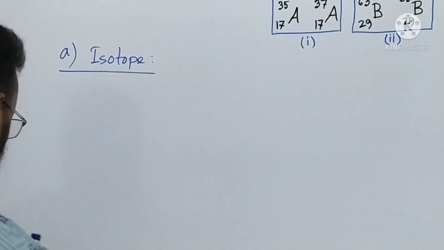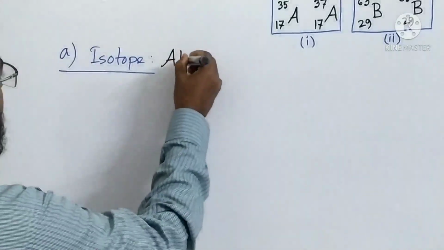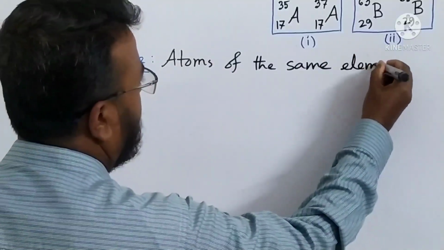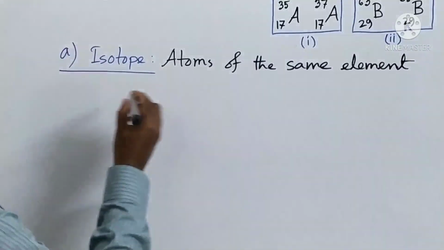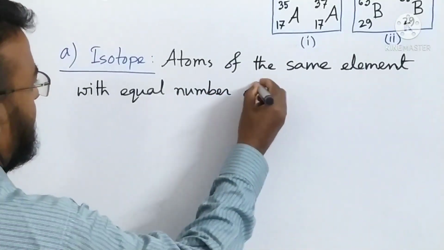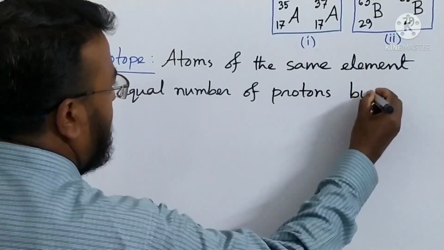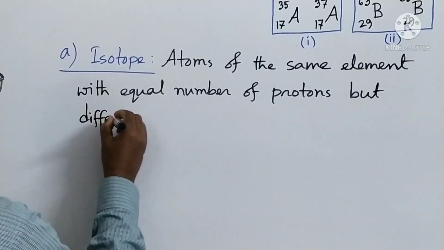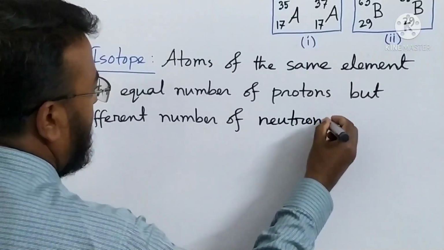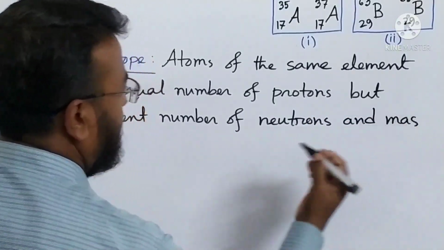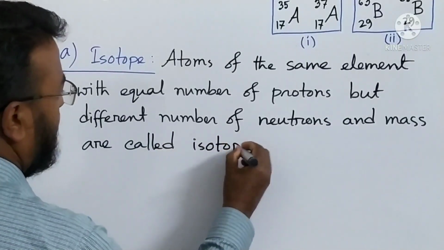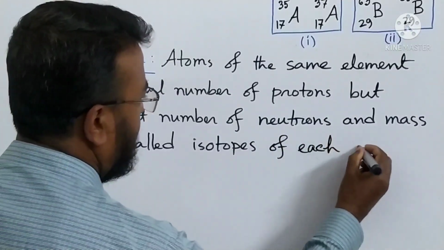I think everybody knows that atoms of the same element with equal number of protons, but different number of neutrons and mass, are called isotopes of each other.